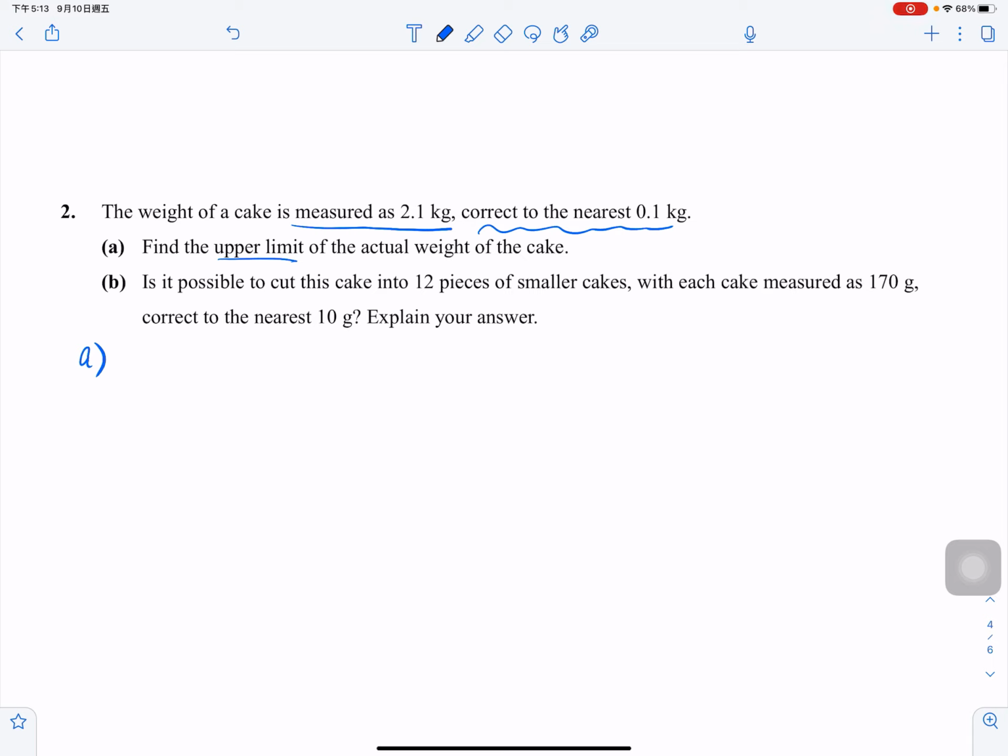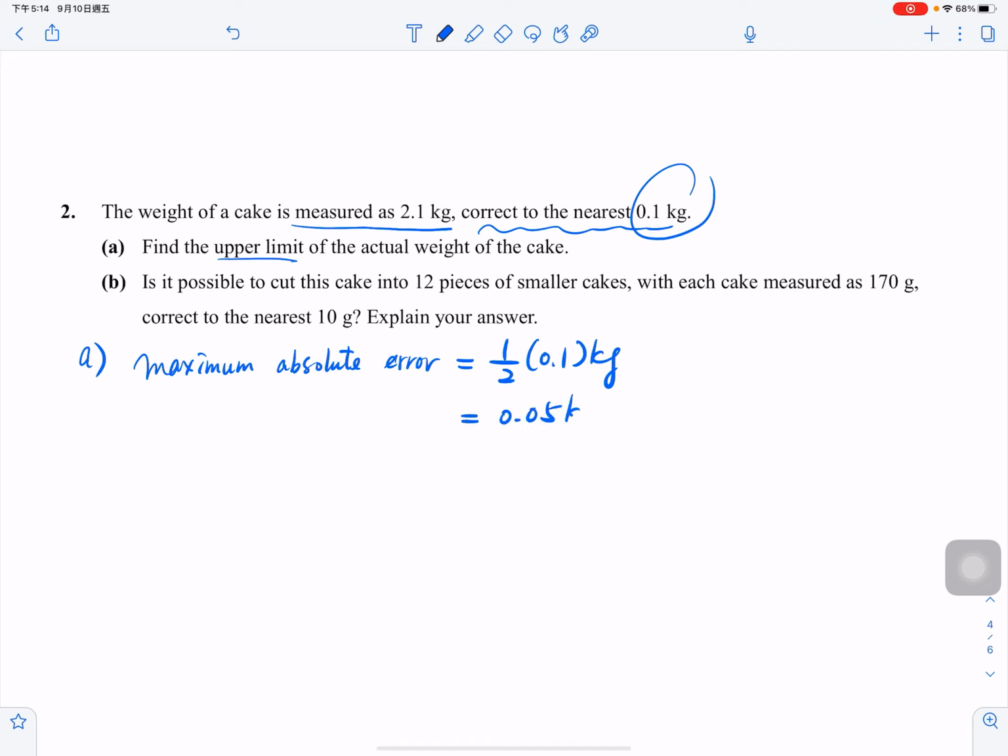好啦，一樣啦。First, find the maximum absolute error. Half of this one, rounded to 0.1 kilograms, so 0.05 kilogram. So how to find the upper limit? Not difficult.